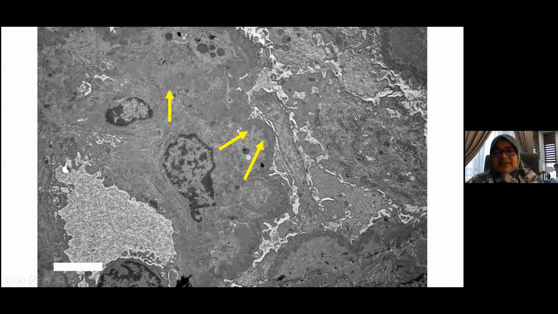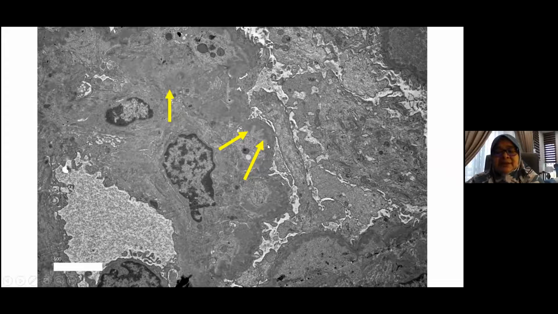So this is one of the loops. If you can make out, this is the glomerular basement membrane. It's not a nice basement membrane, but there are also depositions, these electron dense depositions going inwardly towards the capillary lumen.